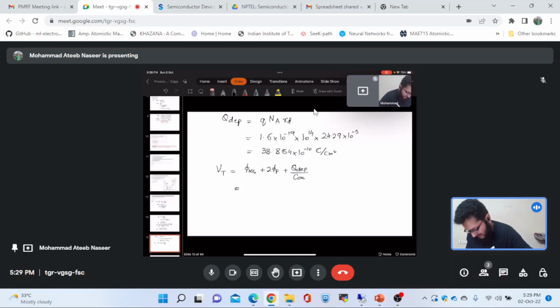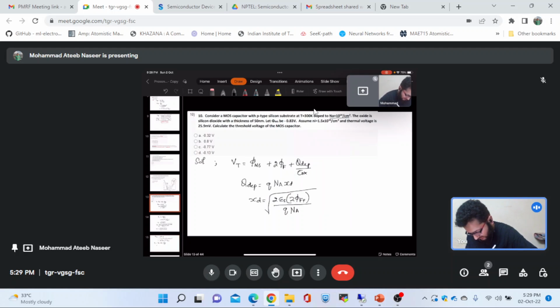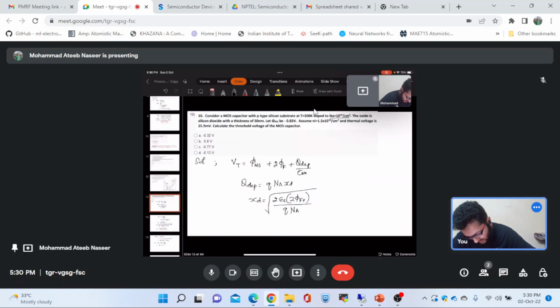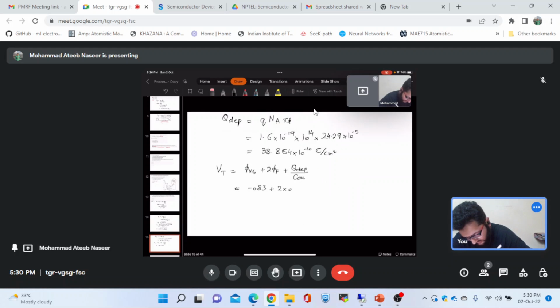Phi ms was equal to minus 0.83, plus 2 phi f, 2 into 0.228, plus Q dep, which is 38.864 into 10 to the power of minus 10. C ox will simply be equal to epsilon ox by T ox.